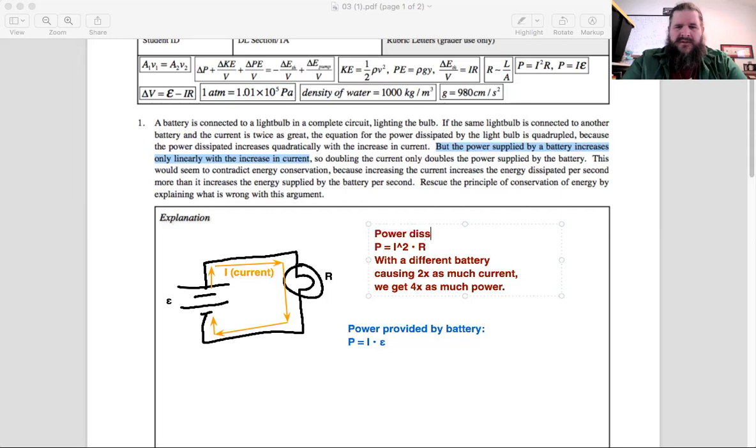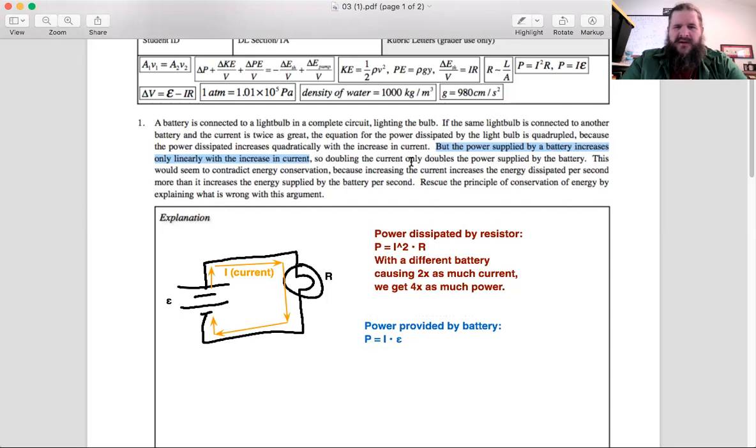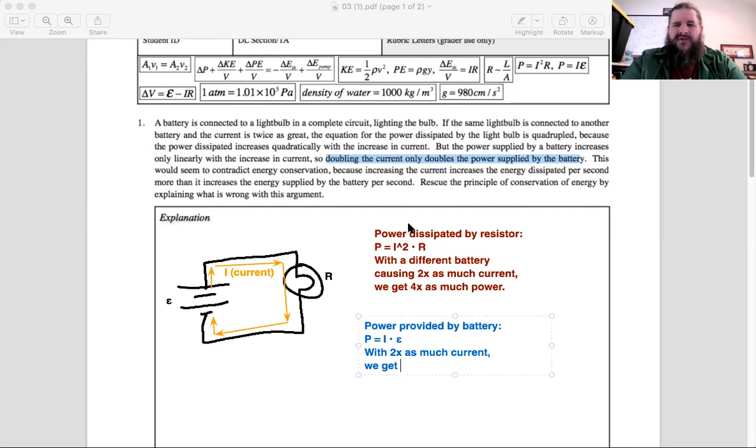So power dissipated by resistor versus power provided by battery. And if we have twice as much current here, and this is what it's getting at in the next part of the sentence, doubling the current only doubles the power supplied. And that seems to check out. If you double current, you would double power because those are directly proportional. There's no squared involved.